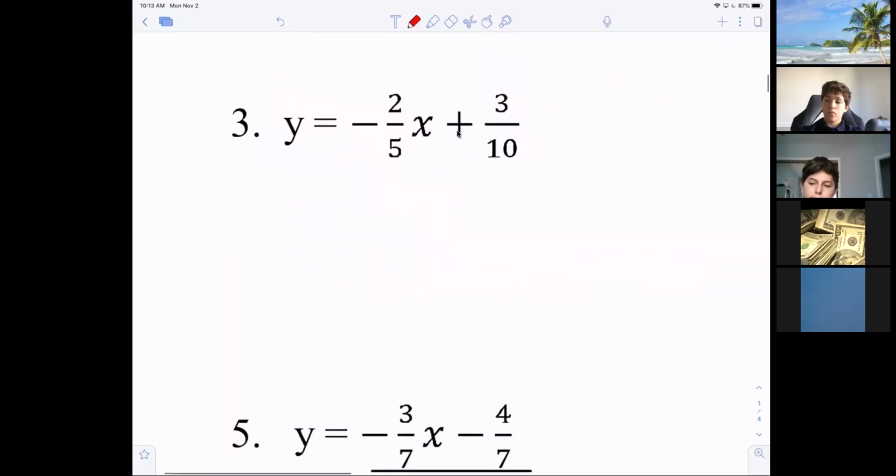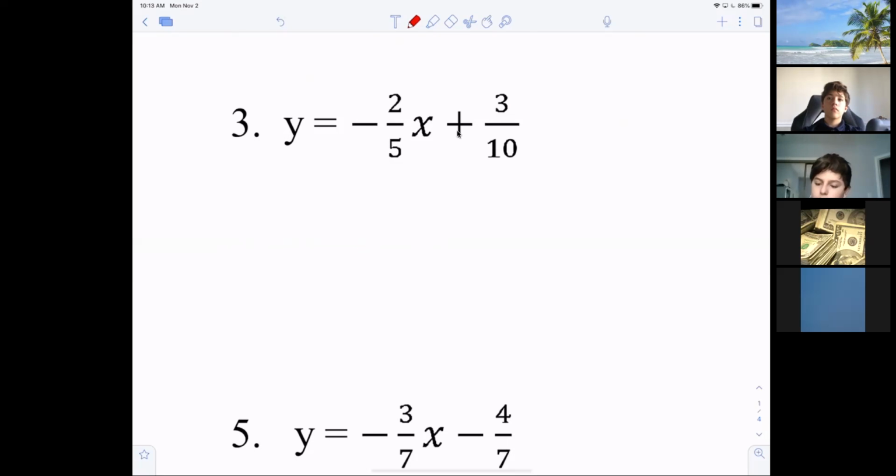Okay, now I was fussing at kids last class because you've done example 1. The next problem is exactly the same. It's even got the same denominators. You've got to tell me, what should I multiply through to get rid of the fraction? We're going to multiply through by 10.